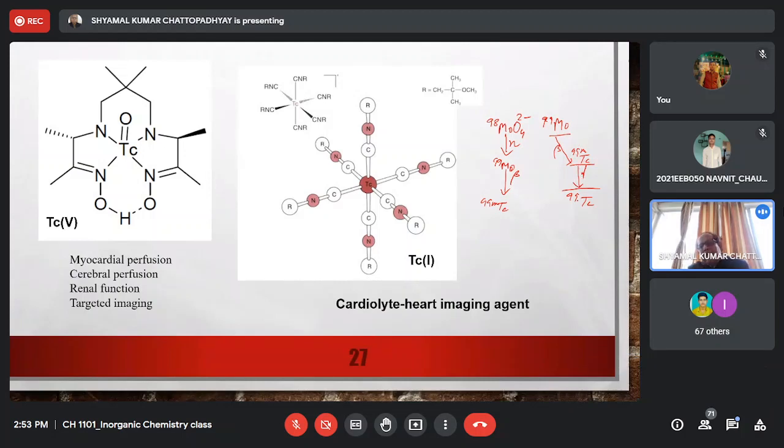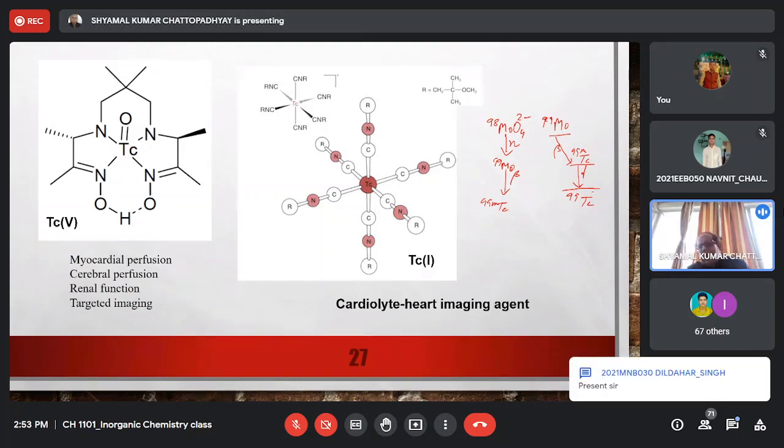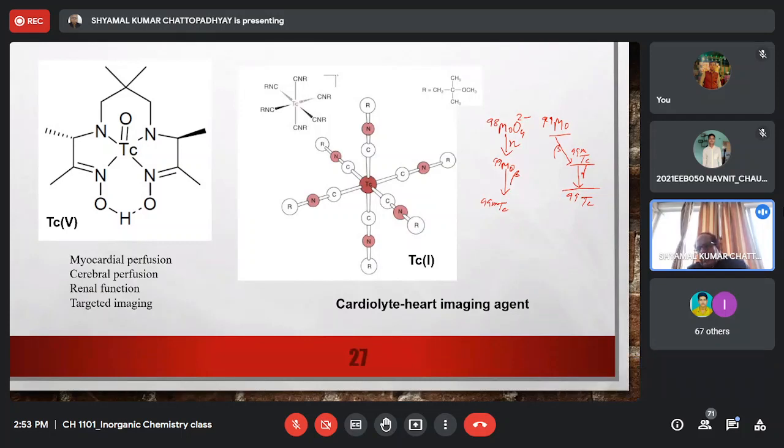That means they have the same mass number, but their nuclear energy levels are different. Technetium-99m is produced where the nuclear energy level is slightly higher, and it emits gamma radiation to come back to the relatively ground-state technetium-99 nuclear energy level, and this technetium-99 in turn emits a beta radiation and is converted to ruthenium-99, right? The half-life of this molybdenum isotope is around 60 hours.